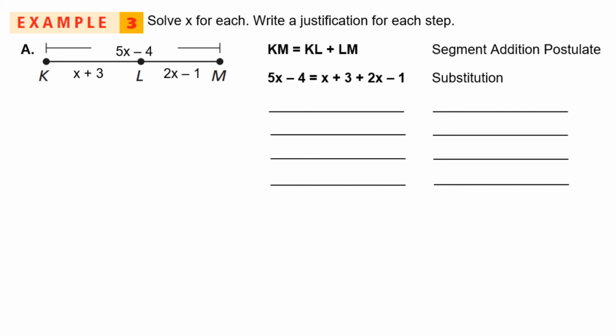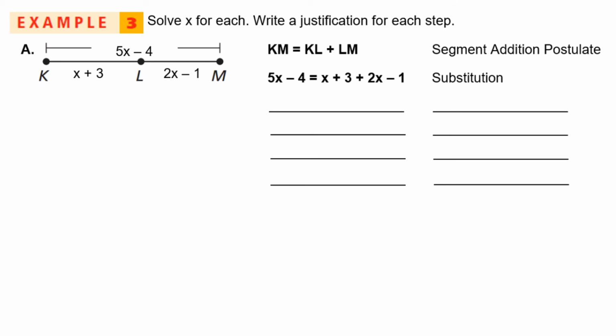Our next example, we want to solve for x and write our justification for each step. Now, this proof has already been started for you, and it says that KM equals KL plus LM because of the segment addition postulate.